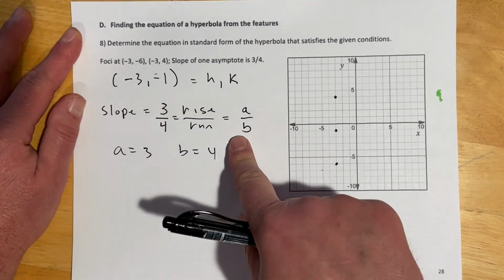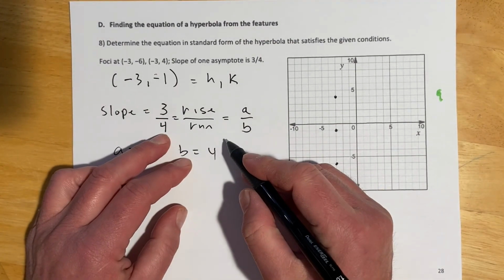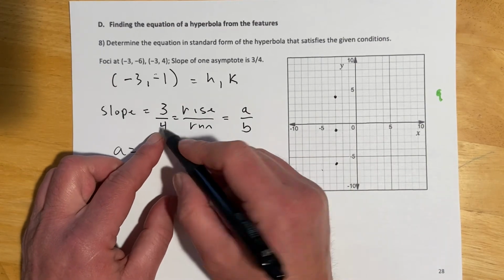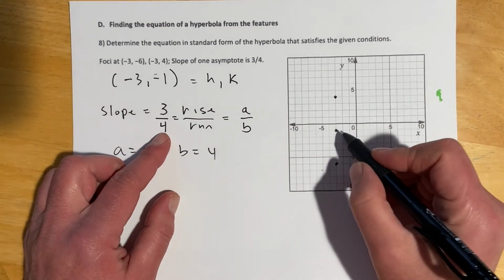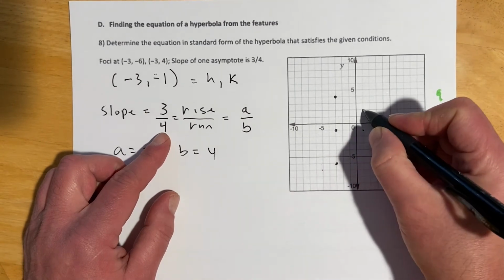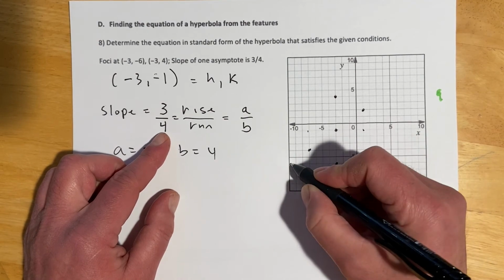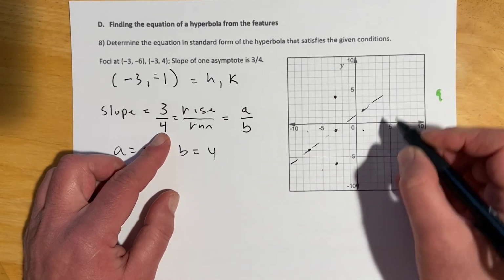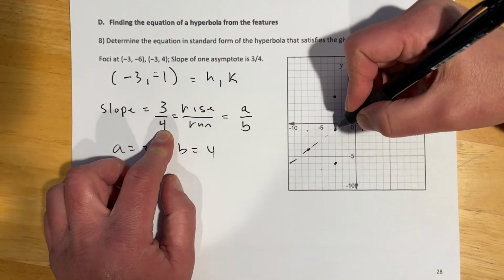And then I'm going to draw that in over here just to try to make that make a little more sense. Again, I think the graph helps with that. And so the asymptote is saying the run from here is going to be 4, and the rise is going to be 3. And we have the same thing on this side. And then we'll have the same slope but negative.